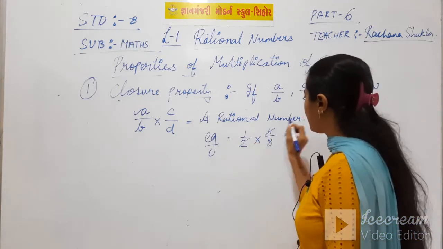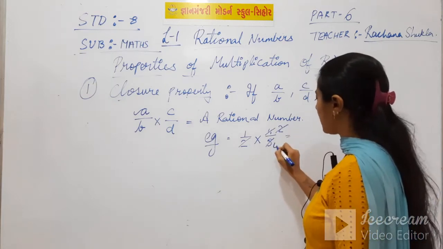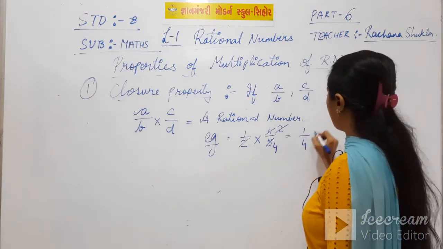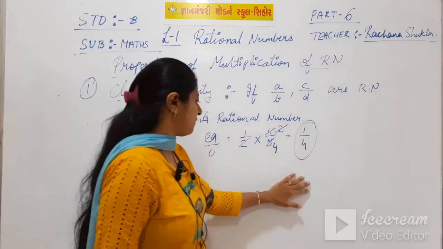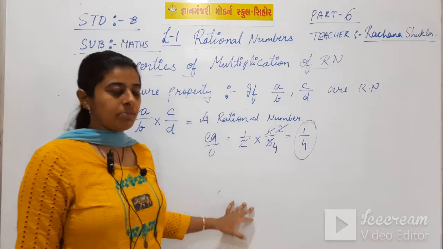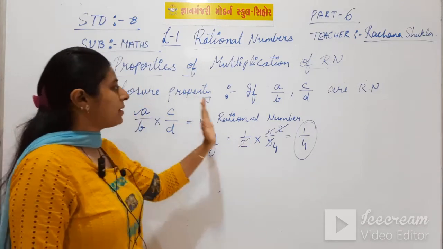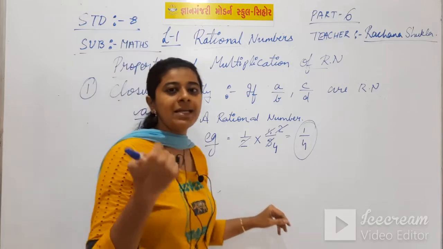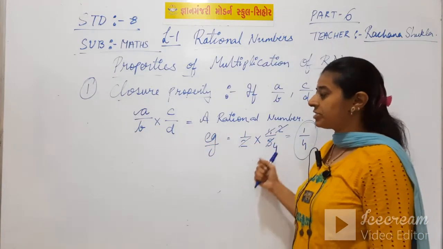So, you can directly cut: 2 2s are 4, 2 4s are 8, 1 upon 4. Your answer is 1 upon 4 and 1 upon 4 is a rational number. So, we have proved that multiplication closure property is possible. When you multiply two rational numbers, you get the answer as a rational number.